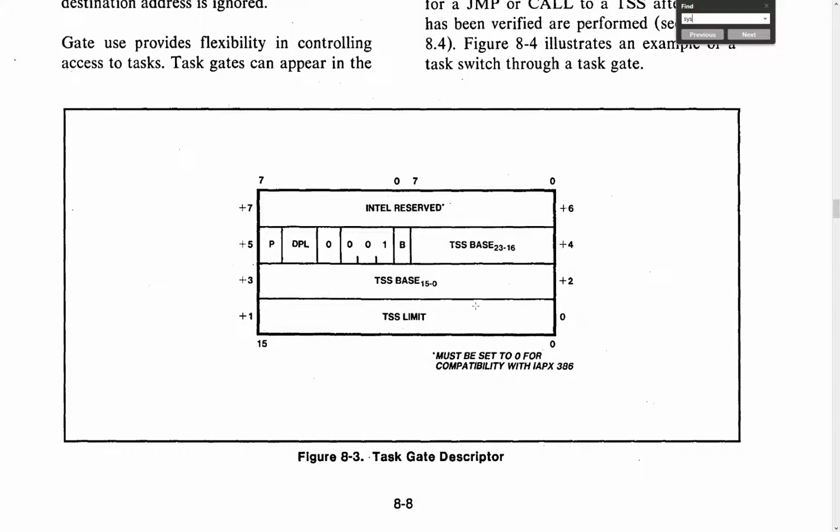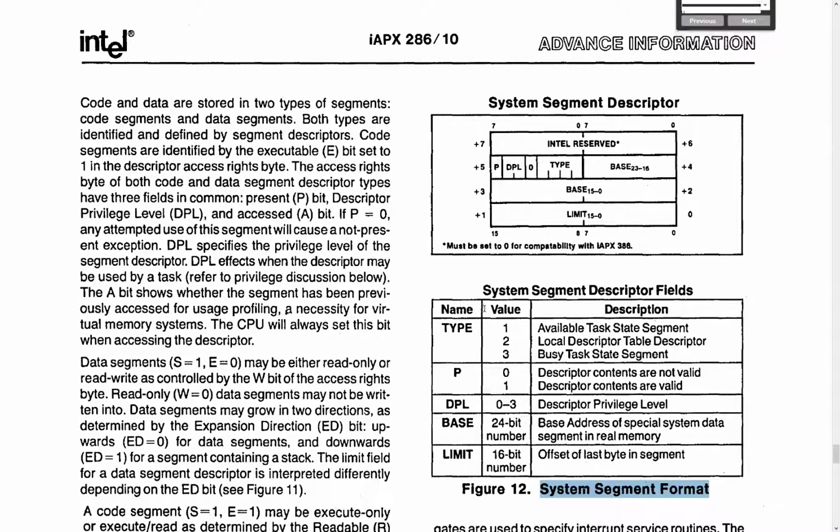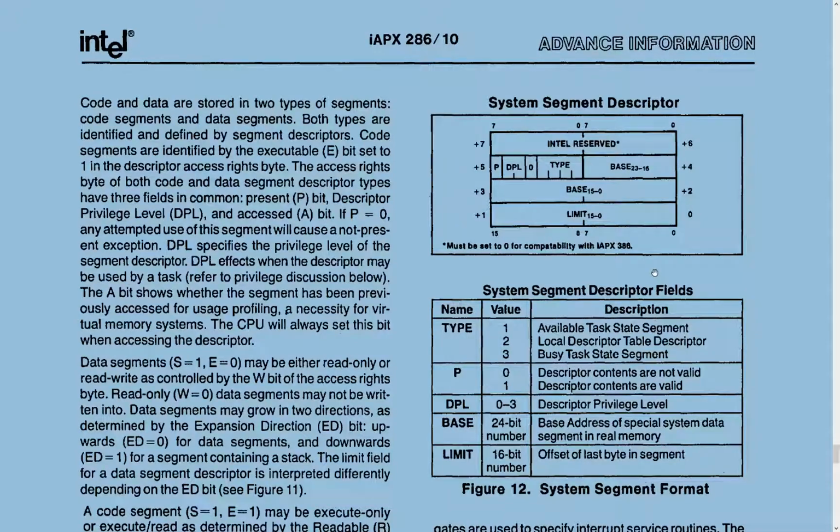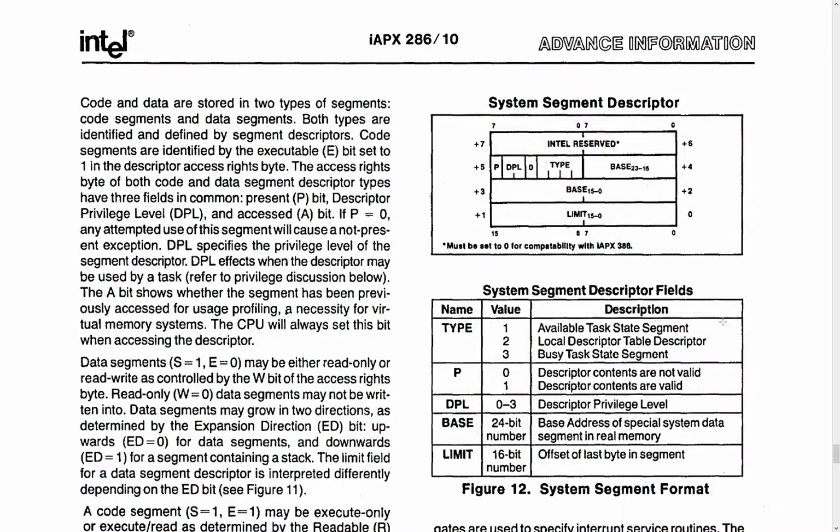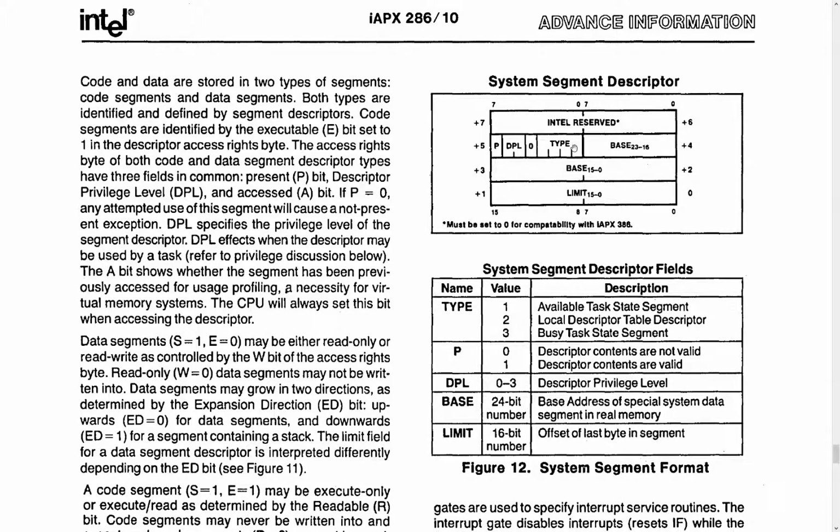But let's take a look at another part of documentation. Here we have various system segment descriptors covered in general. And this type should be 1 for available task state and 3 for busy task state.